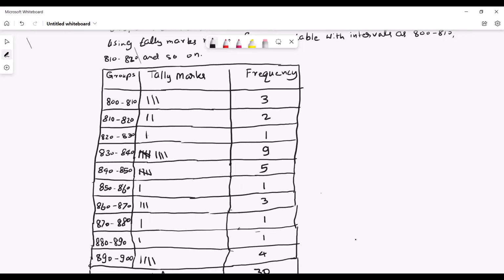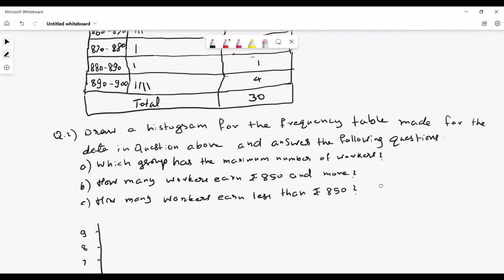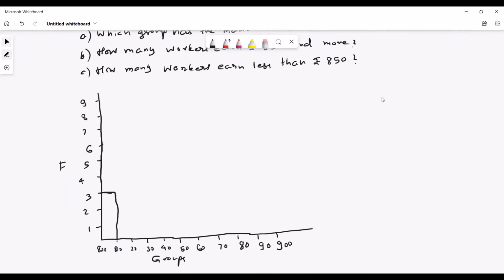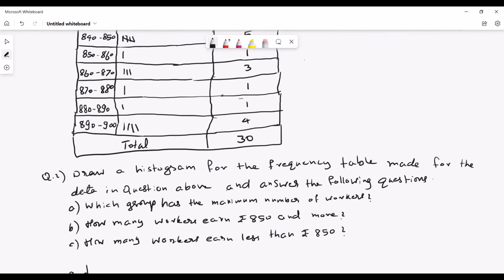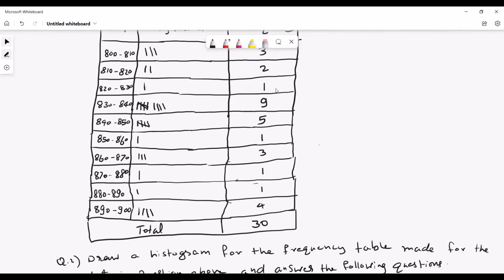Now we are having 810 to 820. It is giving 2. This is 2. So from here we have to extend, then we will get here. 810 to 820 is 2. Now 820 to 830 is 1.